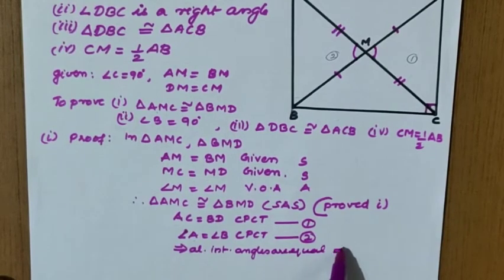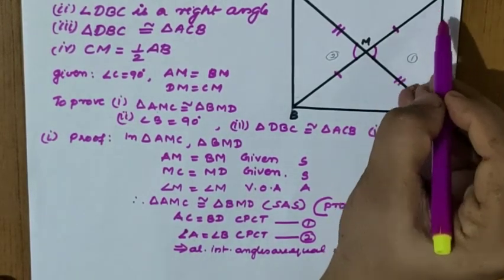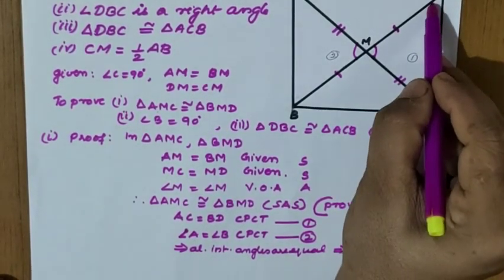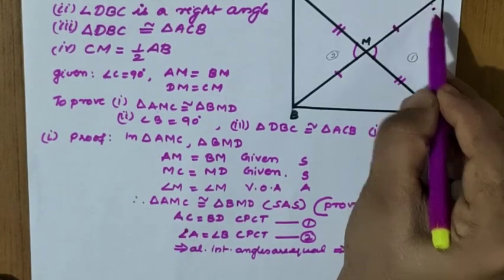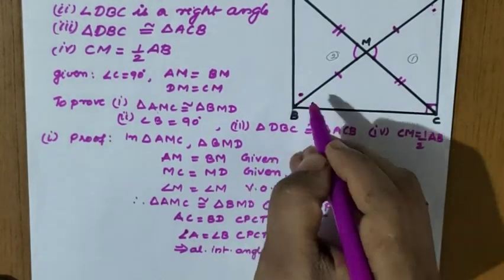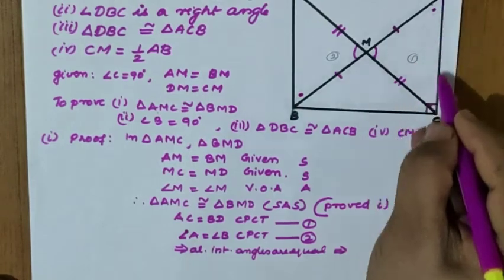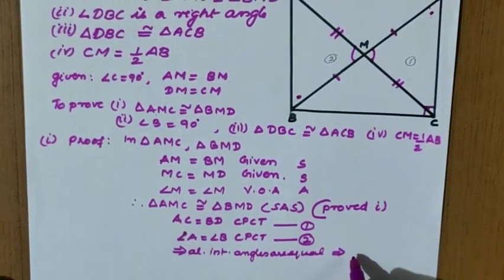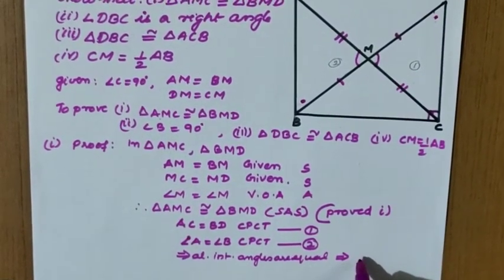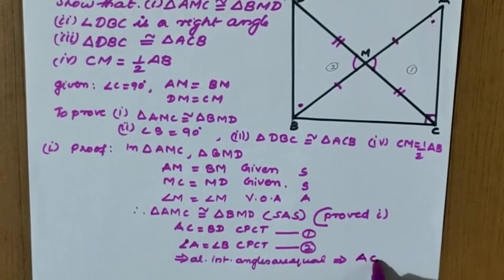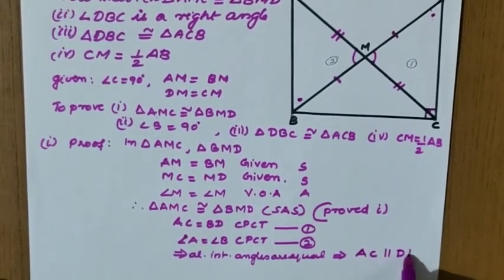So what is the conclusion? The lines are parallel. See, a Z shape is forming. What are the angles? Right, angle A and angle B. See, we are getting the Z. So alternate interior angles are equal. So which line is parallel? AC is parallel to DB.